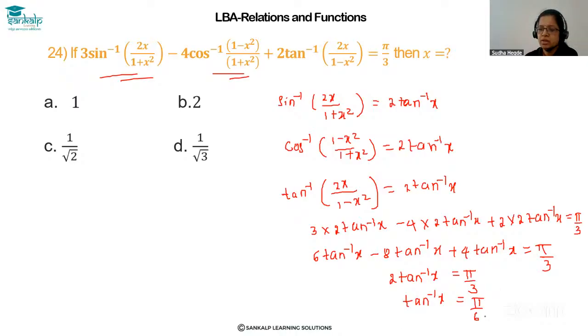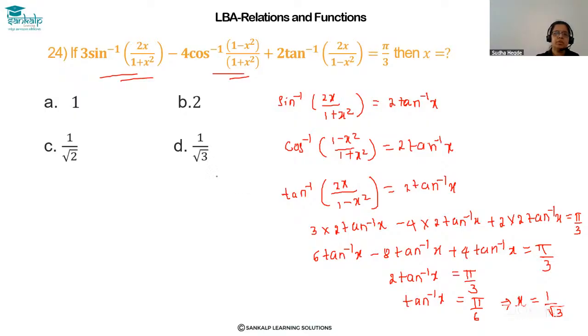What is tan pi by 6? Tan pi by 6 is equal to tan 30. What is the value of tan 30? Tan 30 is 1 by root 3. So x is equal to 1 by root 3, because tan 30 or tan pi by 6 is 1 by root 3. Check the options.